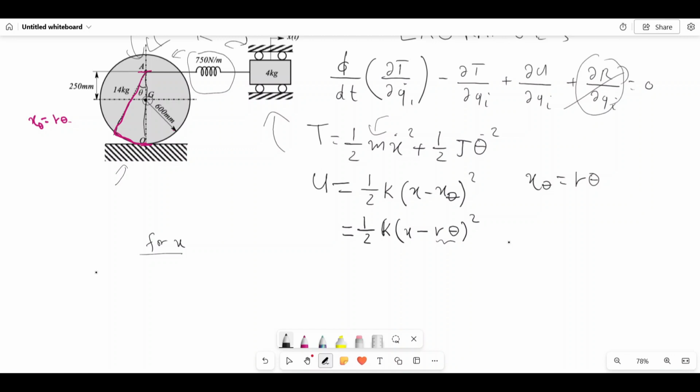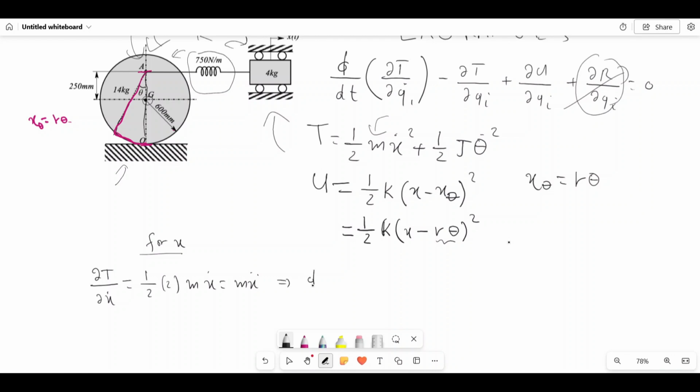Now, what we do here, we're going to have partial t, partial x dot. You don't have to say x1 or anything, because there's only one x here. You can see already that this one will be 0 because you don't have any x here. You don't have to worry about this. So in this case, it's a repetition. Still again, you'll have half, the 2 will drop. We're going to have m x dot.